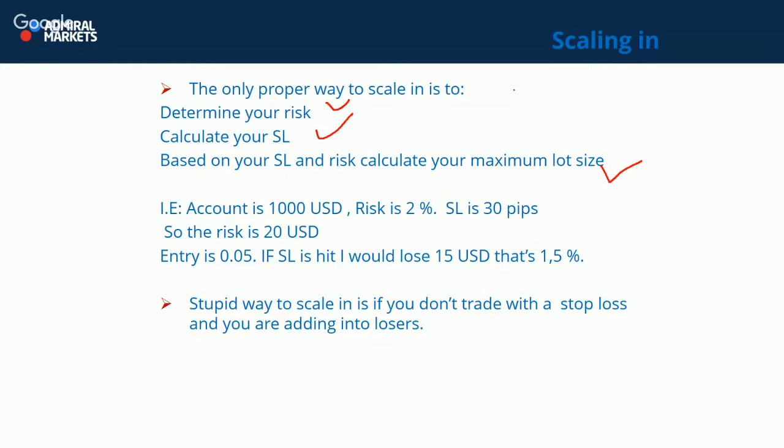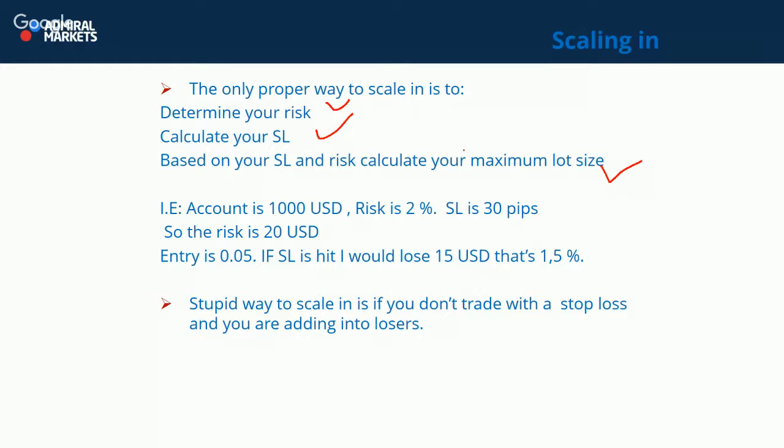So once more, before I move on to the live chart, the only proper way to scale in is to determine your risk, calculate your stop loss, and based on your stop loss, calculate your maximum lot size. Your risk should be determined per day as a daily risk.